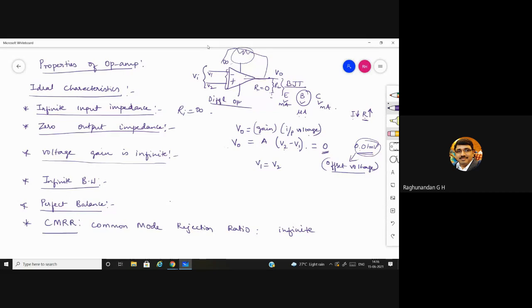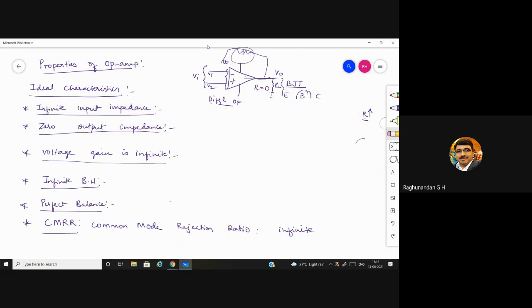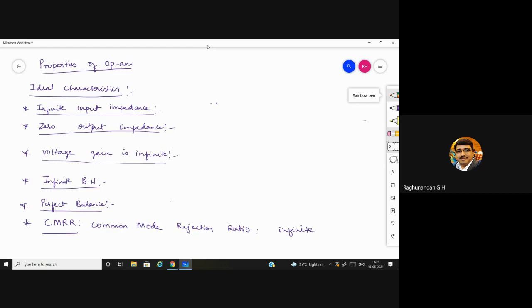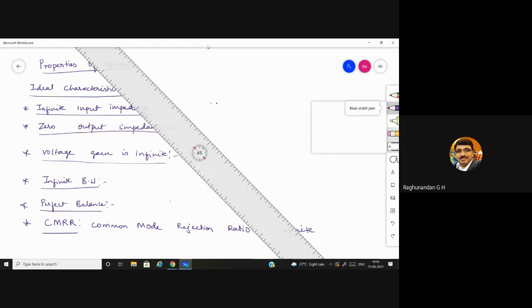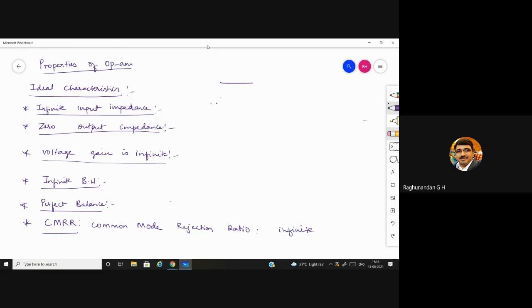See, we have two terminals coming back to the same op amp. We have an op amp.